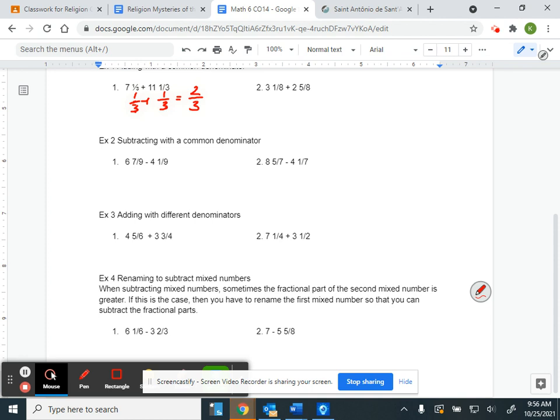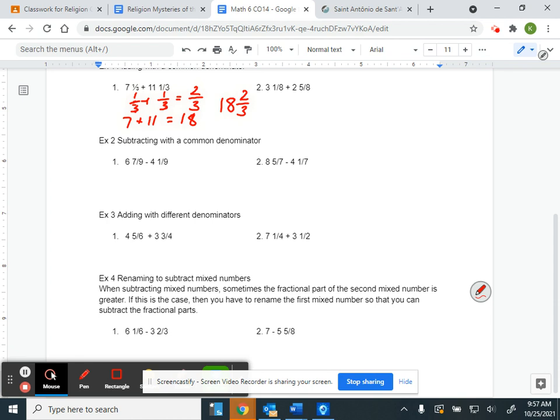Remember, you just add the numerators, the denominator stays the same. Now I'm going to add my whole numbers. 7 plus 11 equals 18. Then I'm going to put them together, 18 and 2/3. So you do the fractions, then you do the whole numbers. Then make sure you put them both together for your answer.